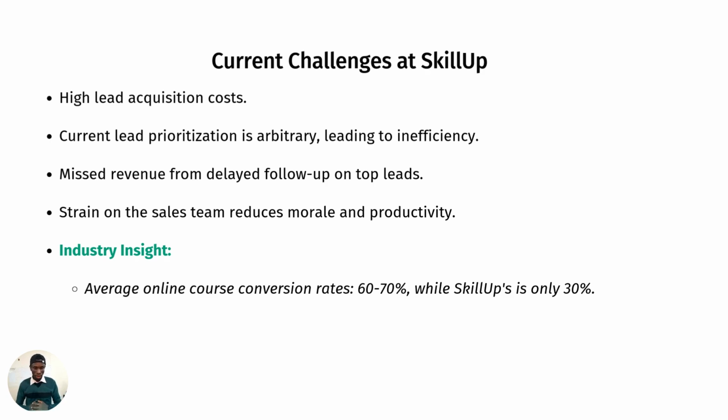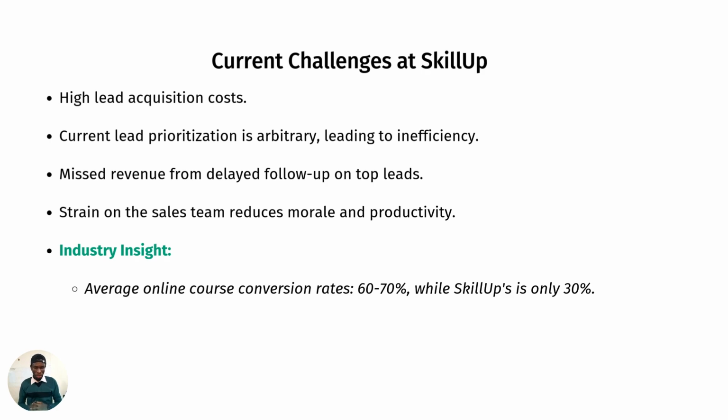Due to that misallocation of resources, they are missing a lot of revenue from delays in following up on their most important prospects. This is also a lot of strain on the sales team because they tend to lose morale and productivity because they are not able to close the deal as quickly as possible.